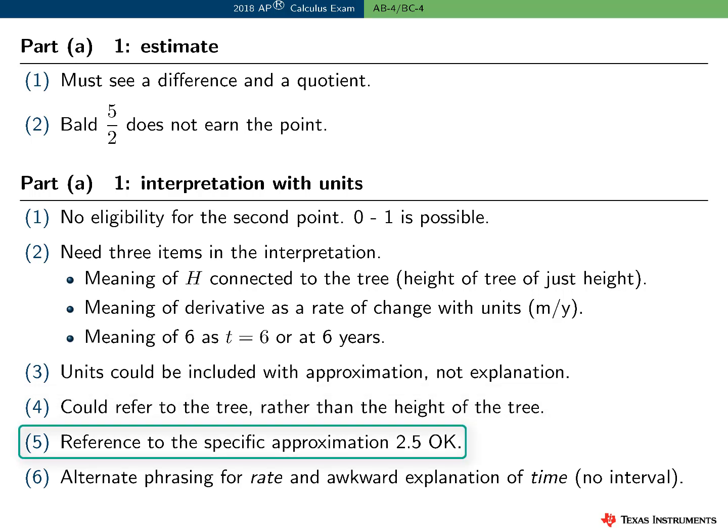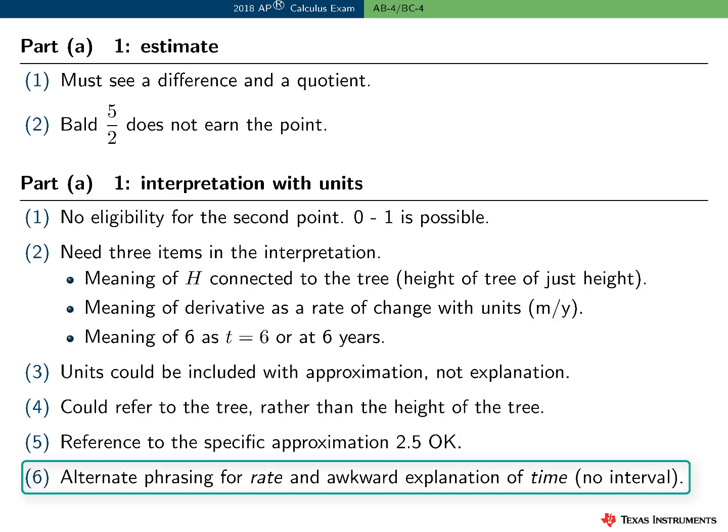Students could also refer to their specific approximation, 5/2 or 2.5 in this case, rather than the general expression h prime of 6. And the readers did accept some alternate phrasing for the concept of rate, and some awkward explanations of the specific time t equals 6, as long as the student did not refer to an interval of time.